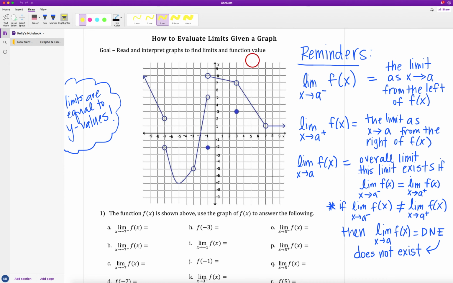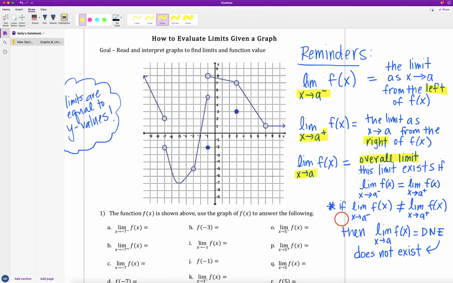So the key thing we're looking at here is the superscript. If we're approaching a from the left, the negative side means the left-hand side. The positive side represents the right-hand side. If we have no superscript, then this means an overall limit. And the key thing here is for this overall limit to exist, the limit as x approaches a from the left of f of x has to equal the limit as x approaches a from the right of f of x.